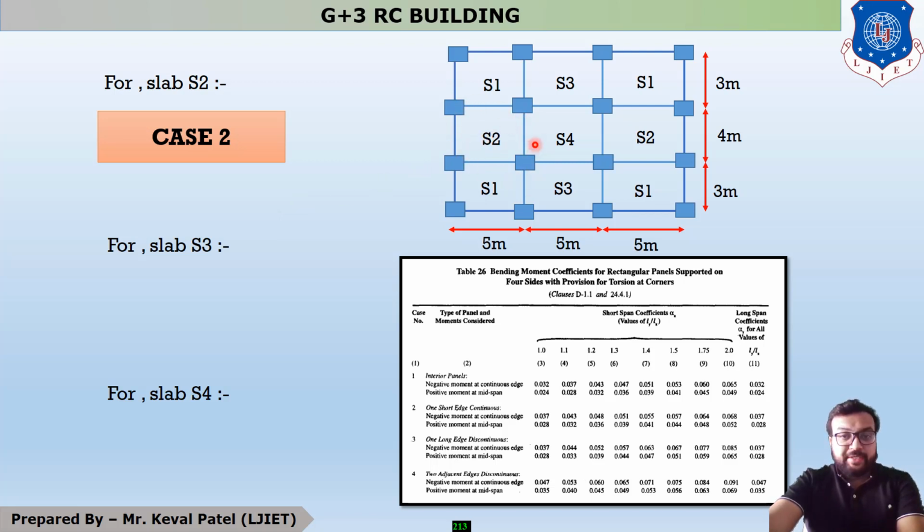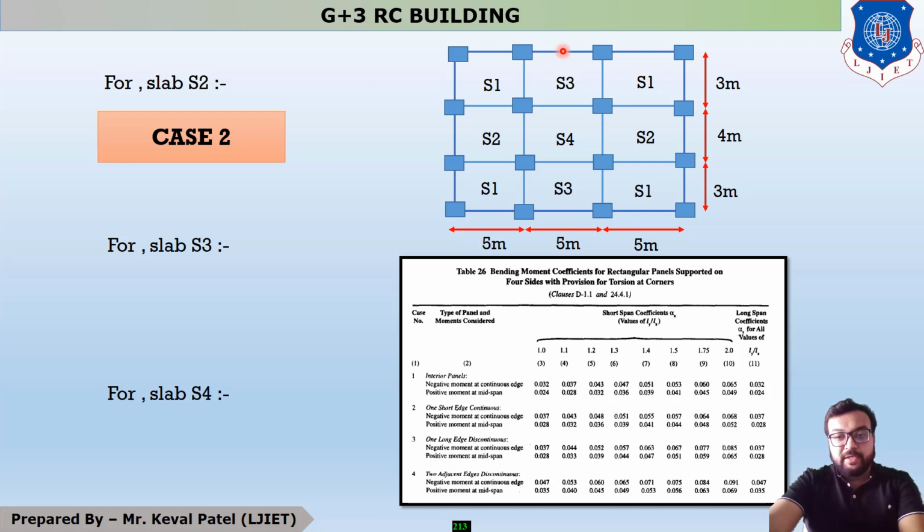Sometimes in GTU it is also asked that you have to design slab S3. As with slab S1 and S2, our first three steps remain the same for all the slabs. Now, in a two-way slab, your main steel is on both sides.